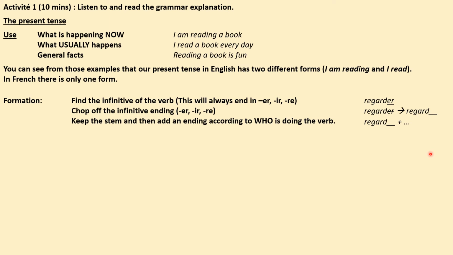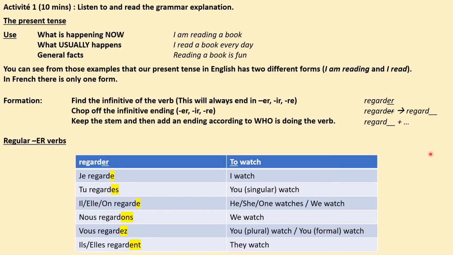Let's see that now all together. So regular ER verbs would go like this. Je regarde, tu regardes, il regarde. Nous regardons, vous regardez, ils regardent.